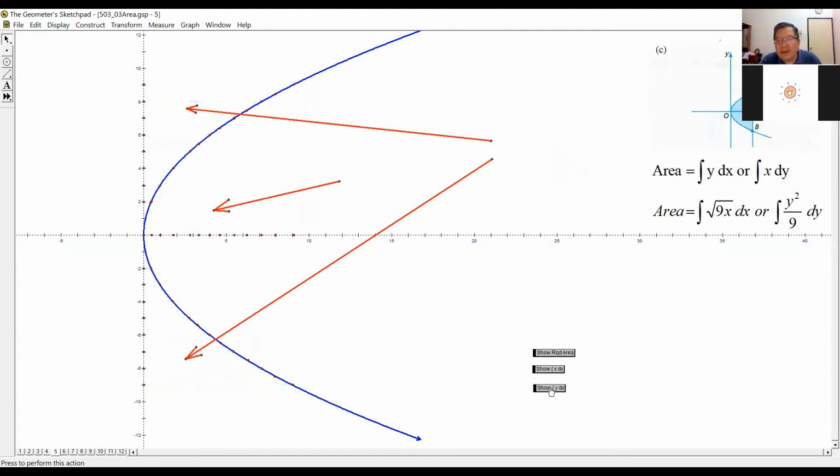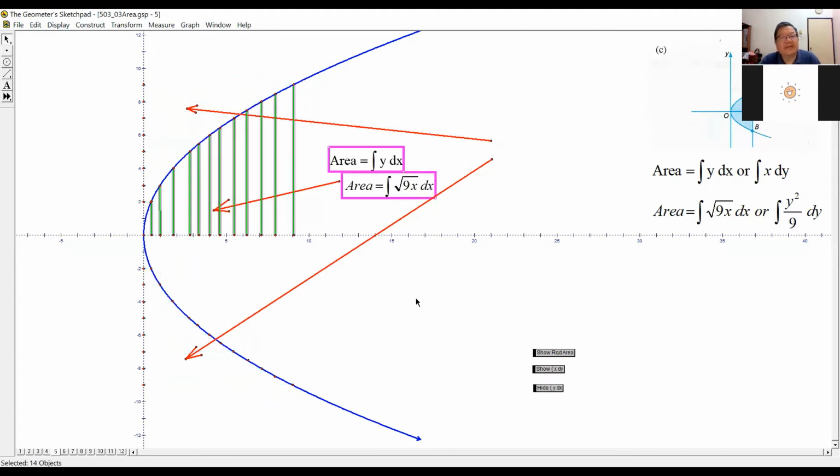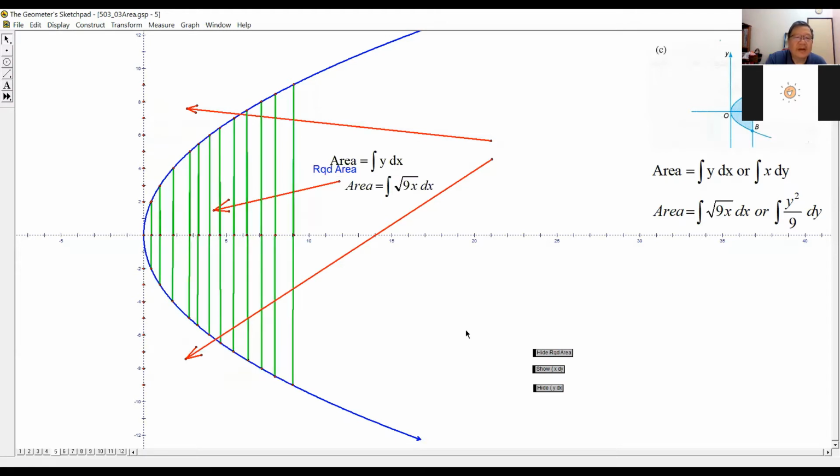Then if you want to integrate y dx, y dx is from the curve until the x-axis. So you see that none of this gives us the required area, that is both the top and the bottom there.